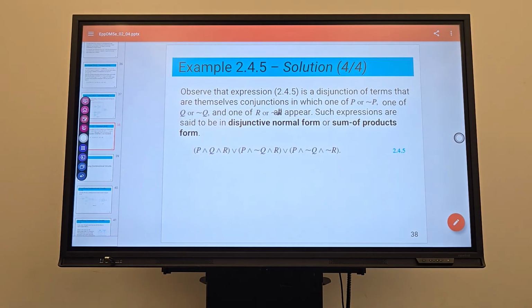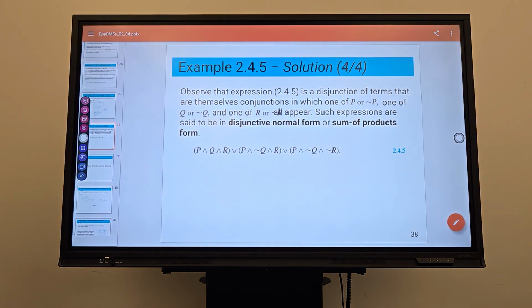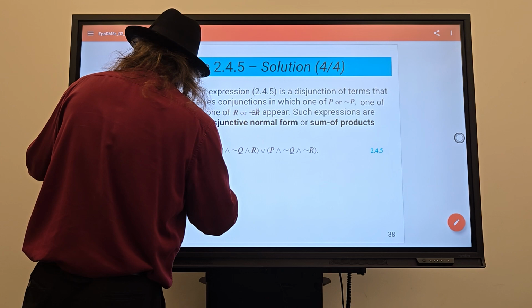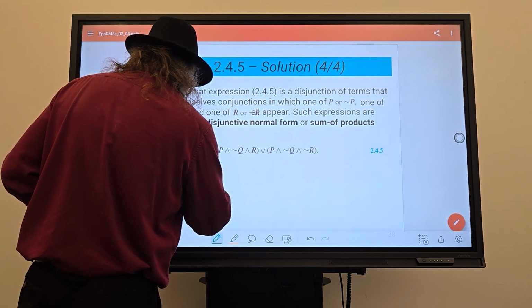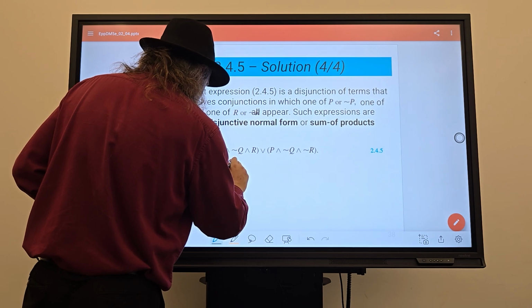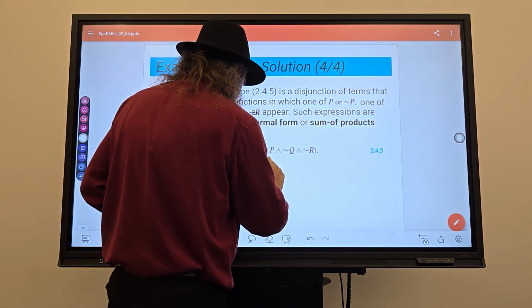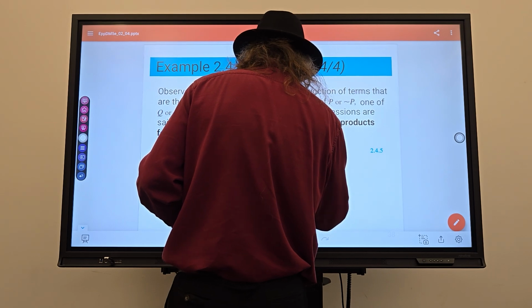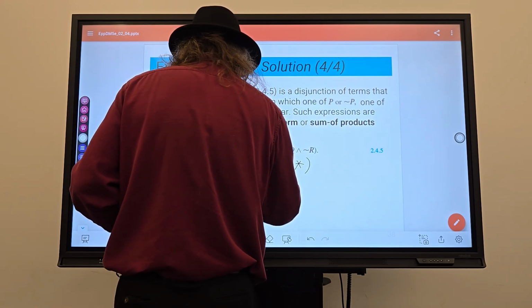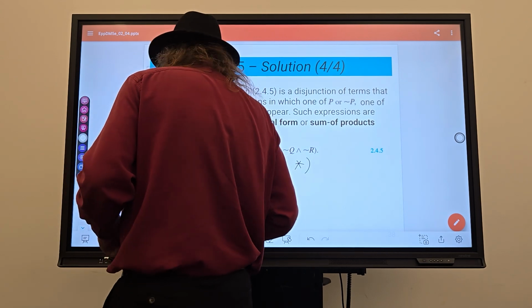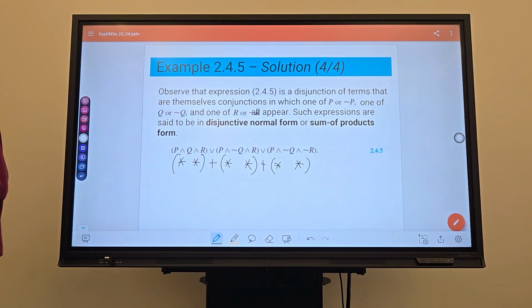Now, in digital logic, the symbols being used are going to be multiplication and addition.